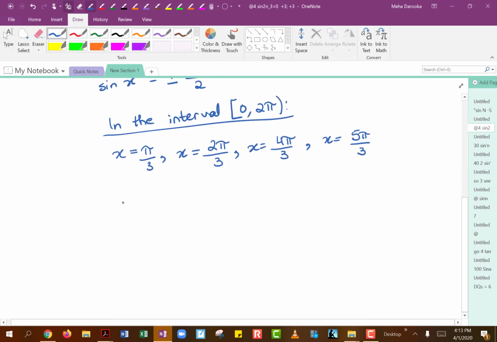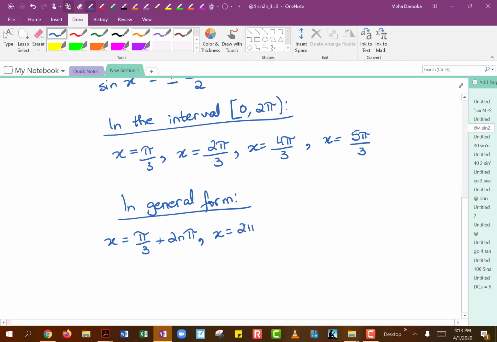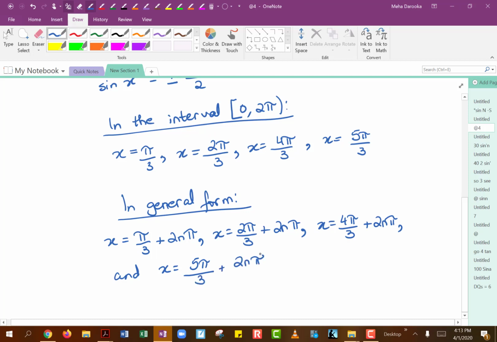So in the general form, again, remember guys, the period of a sine function is 2 pi, so this will be pi over 3 plus 2n pi, 2 pi over 3 with again plus 2n pi, 4 pi over 3 plus 2n pi, and then for the last one, x equals 5 pi over 3 plus 2n pi, where again n is an integer.